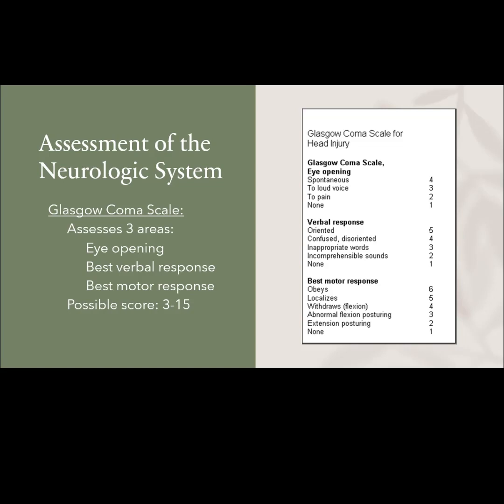You can see on the right the different scores, the different numbers that they give for whichever one applies to the patient. So if the patient's eyes open spontaneously, they are given a score of 4. If the patient's eyes open to a loud voice or to speech, then they get 3 points. So typically you call the patient by name, and if they open their eyes to your voice, then that's considered a 3.